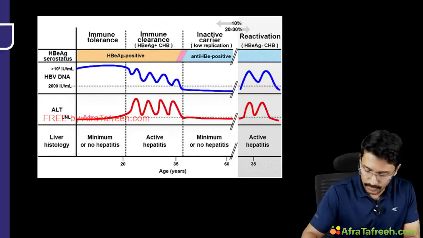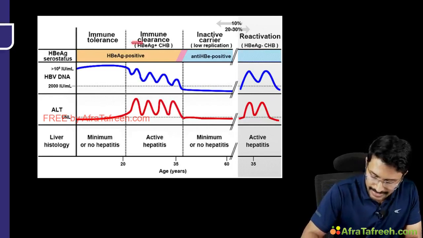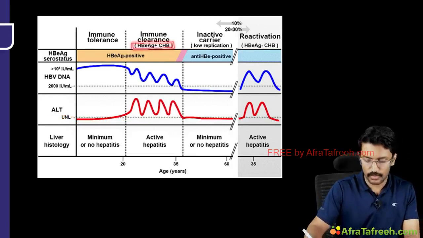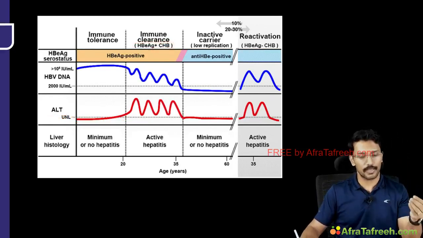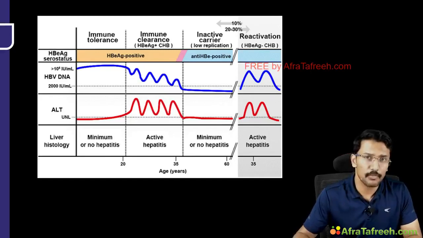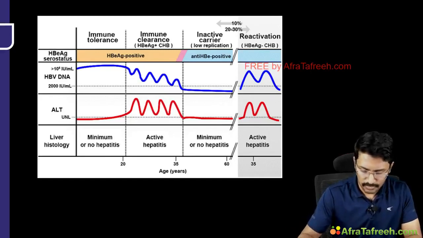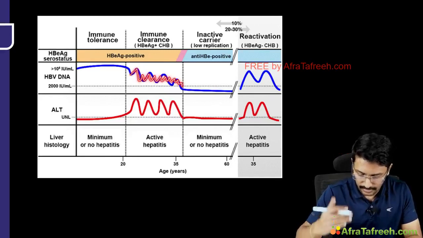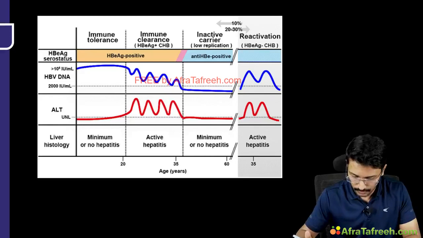Yes, I have to tell you that this immune clearance phase is also called as HBeAg positive chronic hepatitis B. So at this stage, because body started mounting some immune response, not specific antibodies, but some immune response, we start noticing the decline in the HBV DNA levels, right?